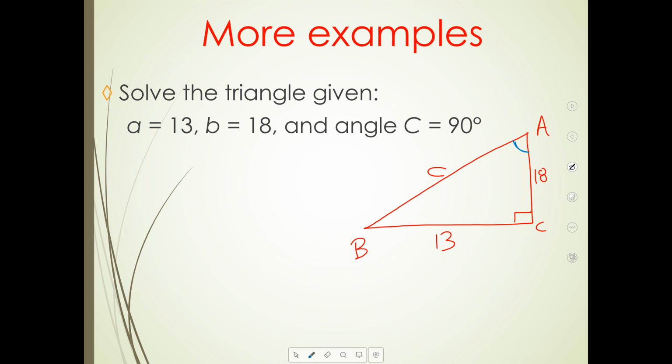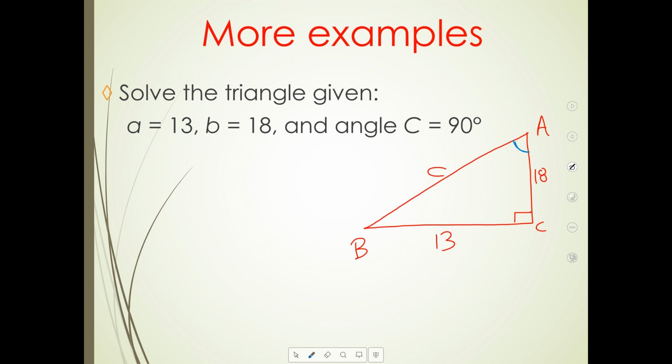What function uses opposite and adjacent? 1 down, 2 to go. Tangent, good. Questions so far? That's the hard part.